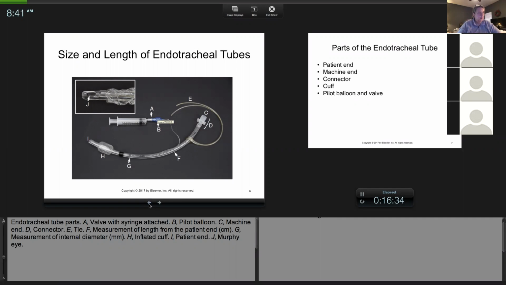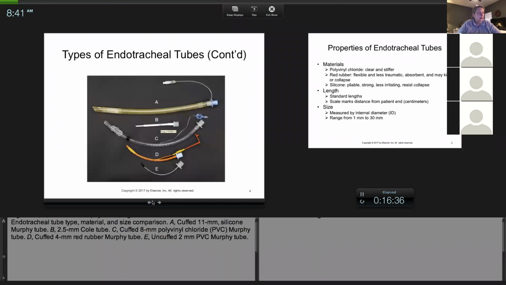But let me go back to the types of tubes. Letters A, C, D, and E are all types of Murphy tubes, but they're made with different materials. The next slide talks about the materials, but letter A is a silicone tube, the same thing they make medical implants out of.